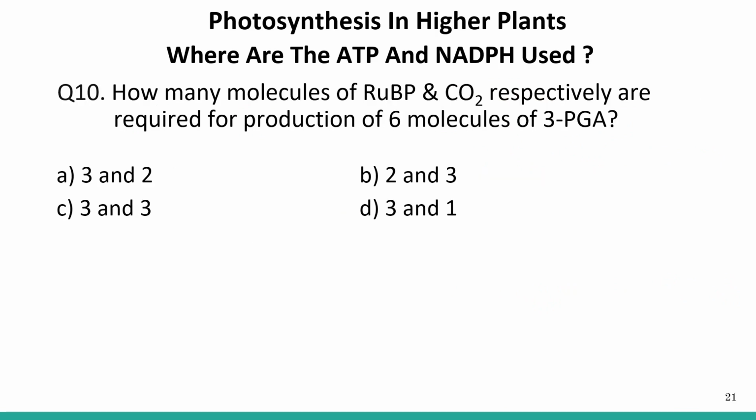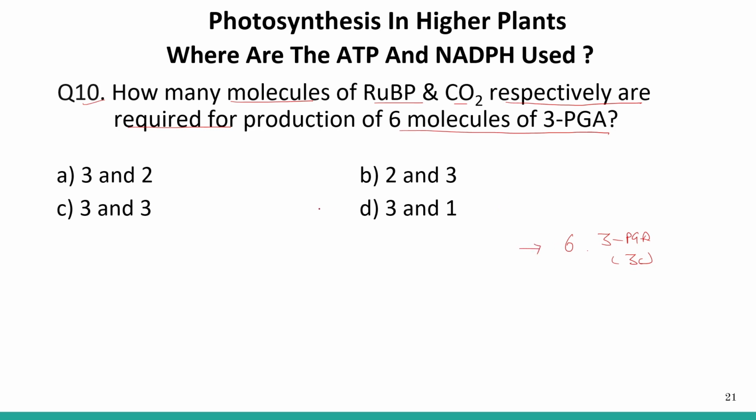Now coming to question 10, which is how many molecules of RUBP and carbon dioxide respectively are required for production of 6 molecules of 3-PGA. They are saying 6 molecules of the 3-carbon compound 3-phosphoglyceric acid are produced.